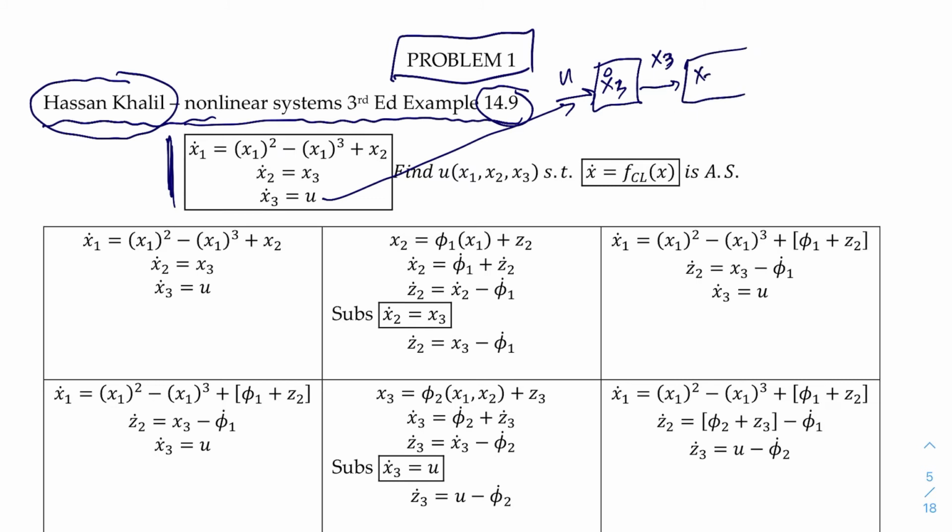And x3 is an input of the x2 dot subsystem here. The output of that second subsystem is x2, and x2 is an input of the third system, which is the x1 dynamics, and the output of that is x1.